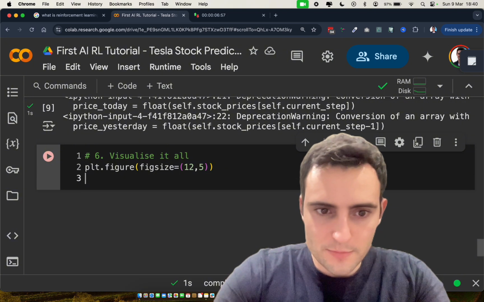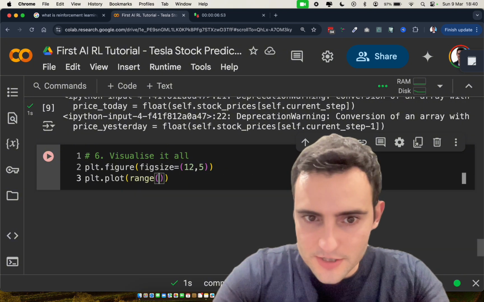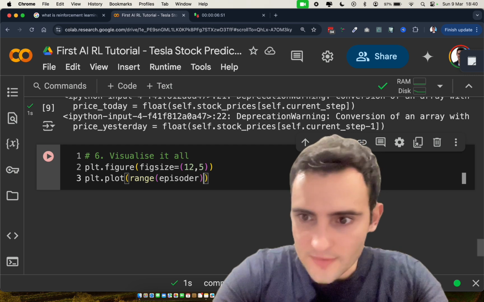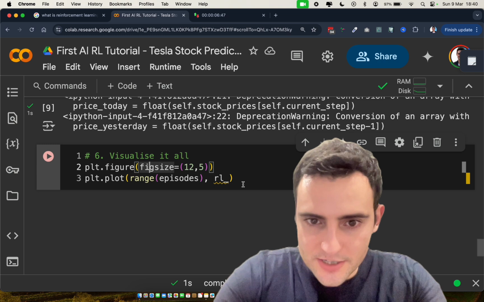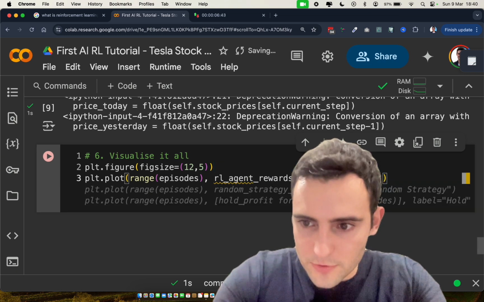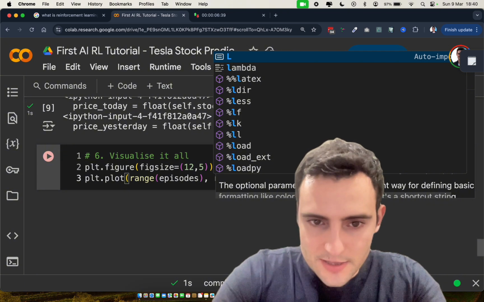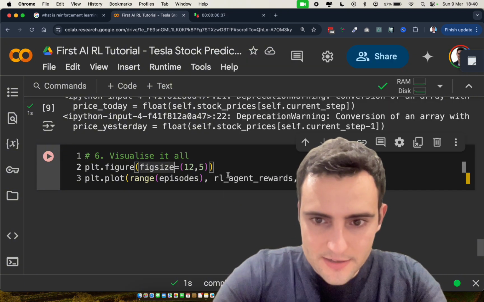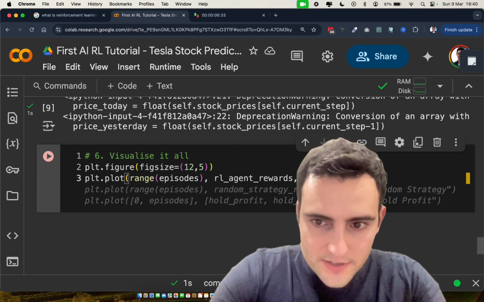We do plt.plot and we do range episodes, comma rl_agent_rewards. So we're going to plot all the agent rewards, and we're just going to do the label basically as it said here, RL agent profit.